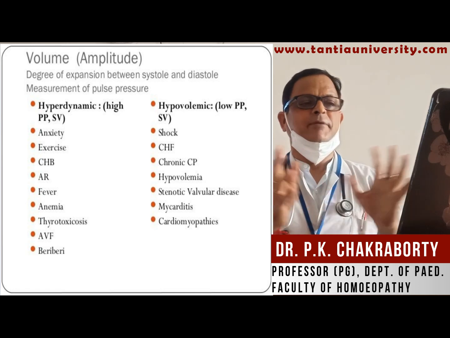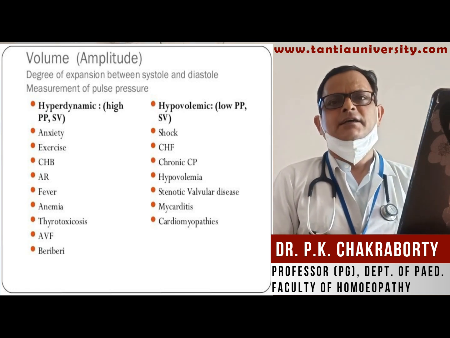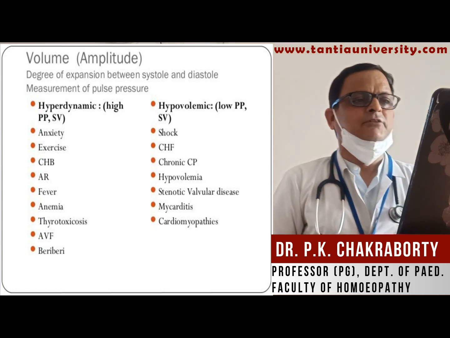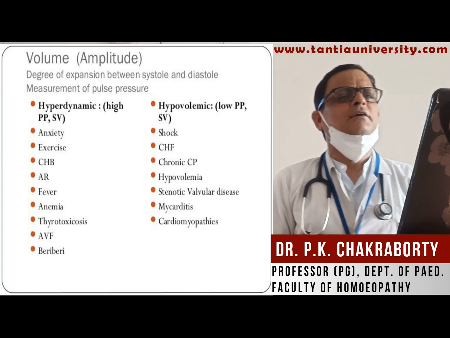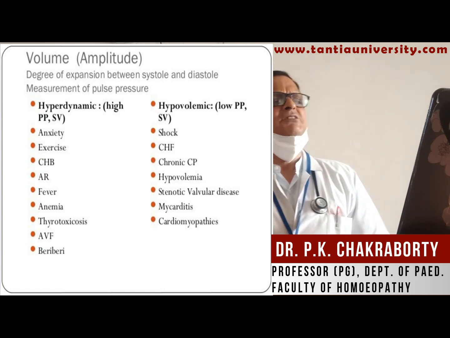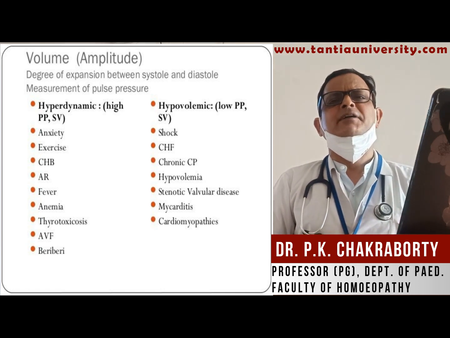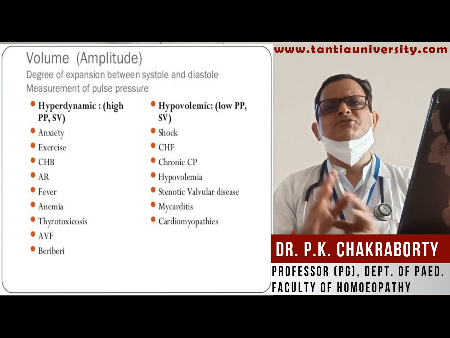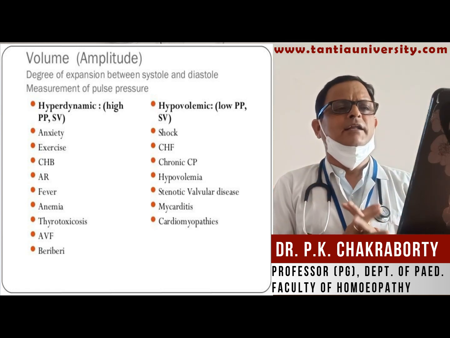In these cases also hyperdynamic circulation is happening. Systemic disease can also cause hyperkinetic circulation. Hypovolemic or hypodynamic circulation is very commonly found in hypovolemia, and hypovolemia leads to shock. In case of shock also it is very common.